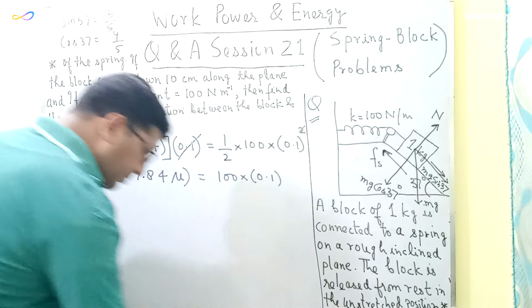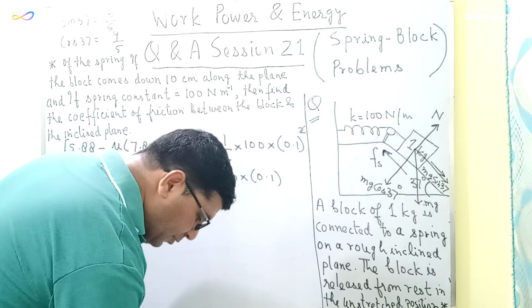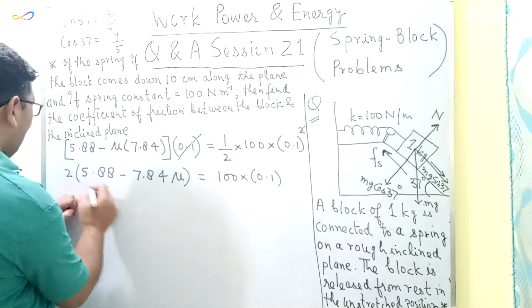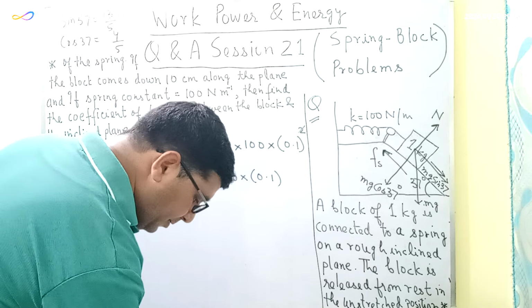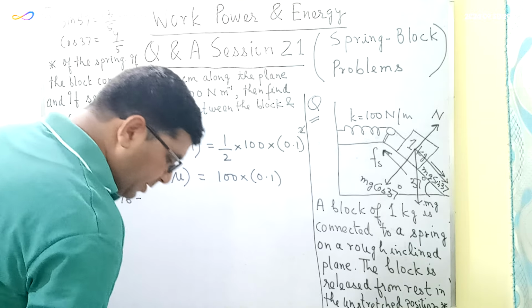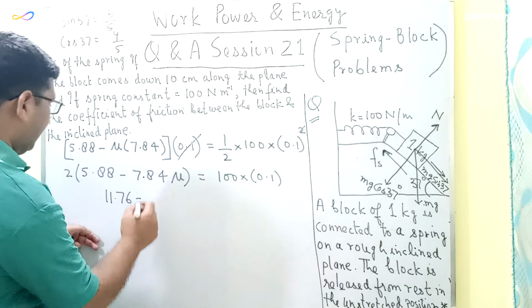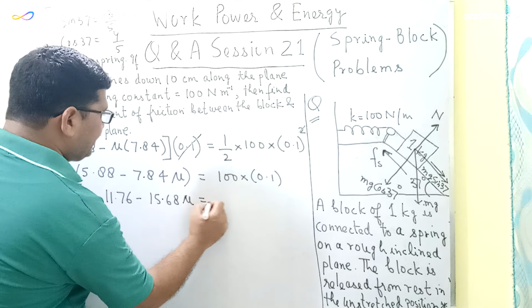So now this is equal to 5.88 into 2, which is 11.76, minus 7.84 into 2, which is 15.68 mu, and this is equal to 10.